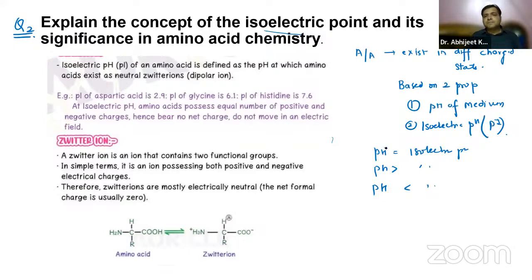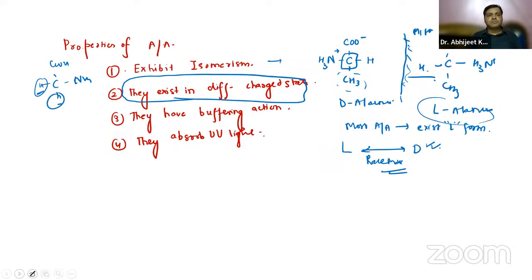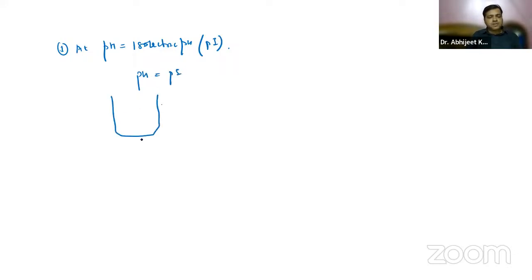Now, when the pH is equal to isoelectric pH, guys, what happens? Let me explain. At pH equal to isoelectric pH, the PI, the isoelectric point. Let us assume that over here we have the medium, and we have an amino acid which we have to find out.